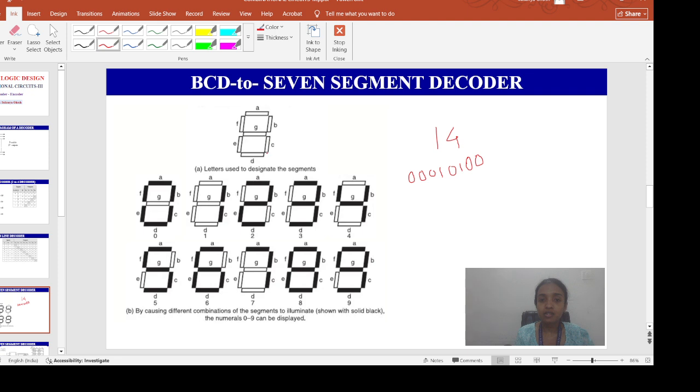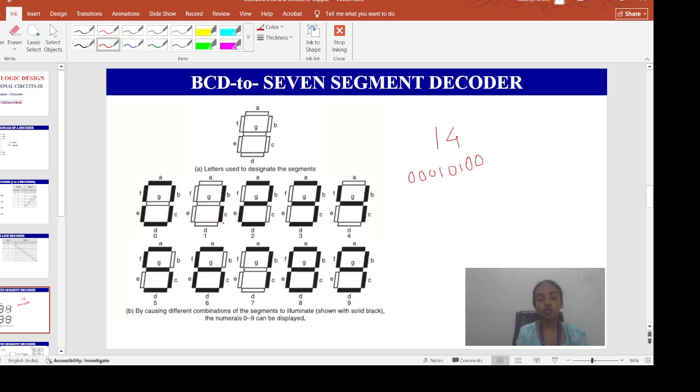A, B, C, D, E, F and G. So based on what digit I want to display, I have to glow only those particular outputs. Okay, so suppose I want to display 0, so which bits should be glowing? A, B, C, D, E, F, then only it is presenting 0, right?